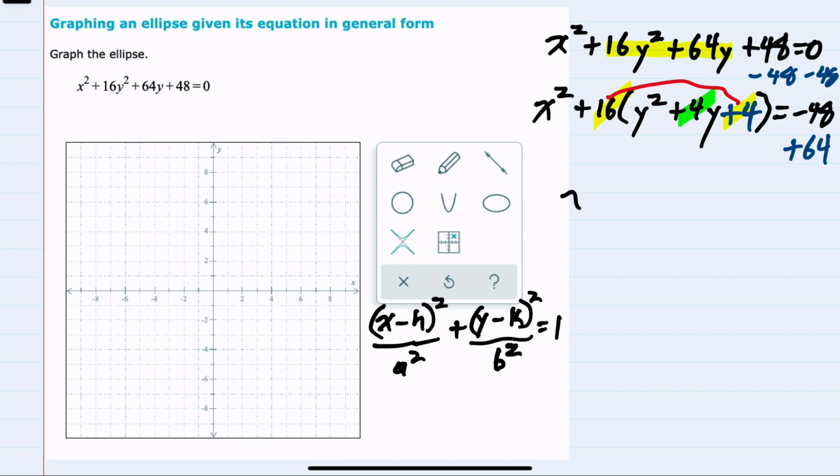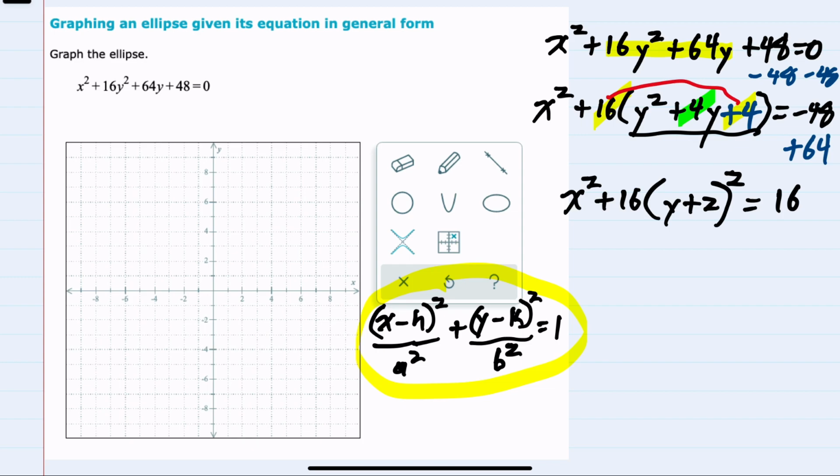Rewriting this, I now have x squared plus 16 times, we've created a perfect square here, (y + 2) squared, equals negative 48 plus 64, which is 16. We've gotten much closer to standard form, but I need to get rid of this 16 coefficient in front of the y squared term, and I need the right-hand side to be 1.